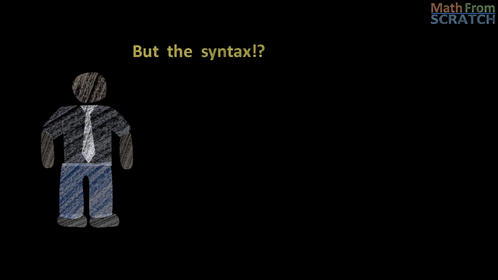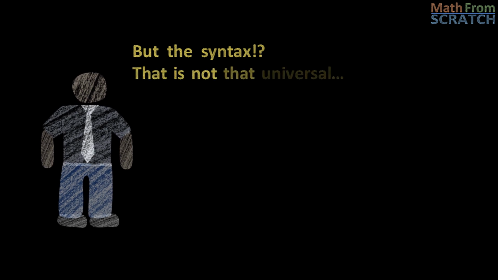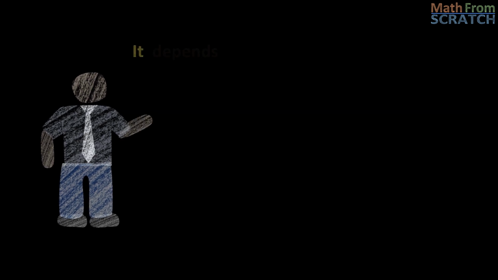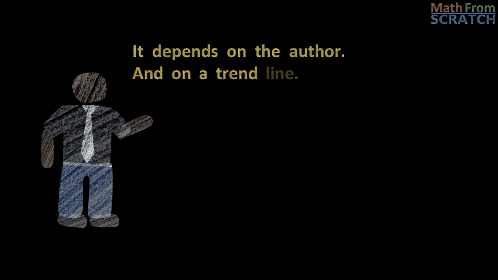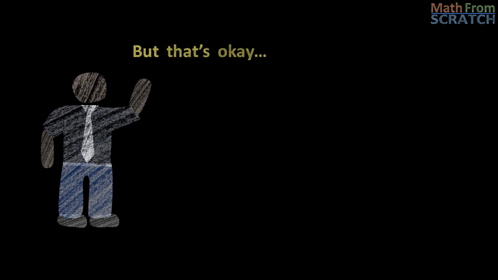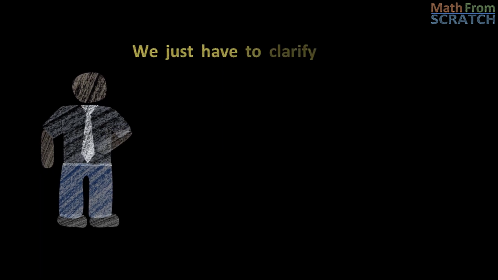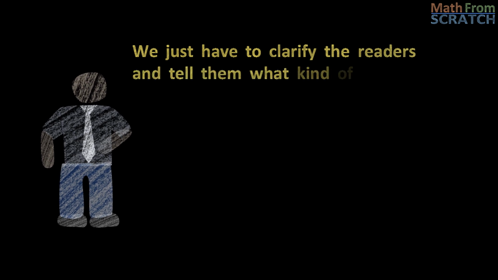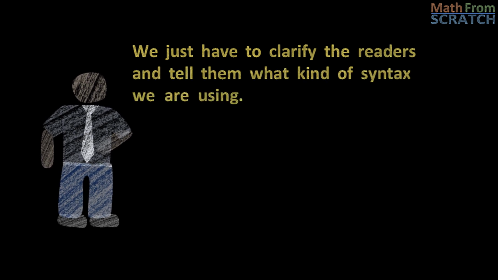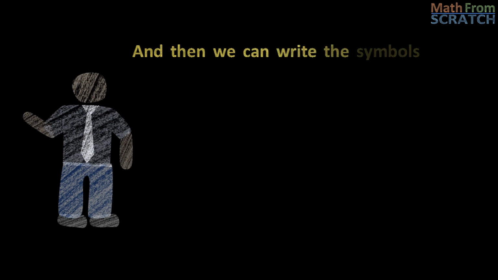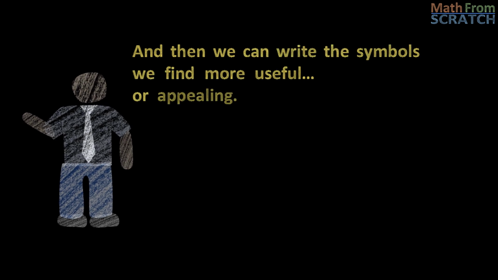But the syntax? That is not that universal. It depends on the author, and on a trend line. But that's okay. We just have to clarify to the readers what kind of syntax we are using. And then, we can write the symbols we find more useful, or appealing.